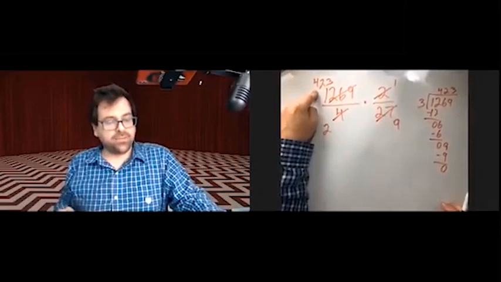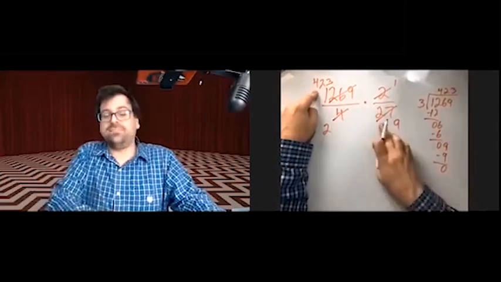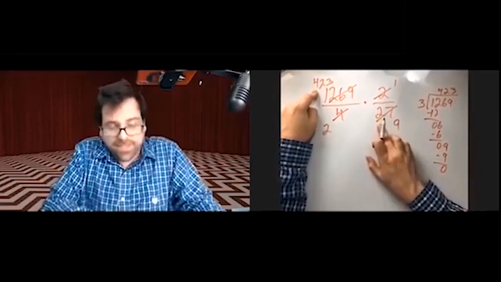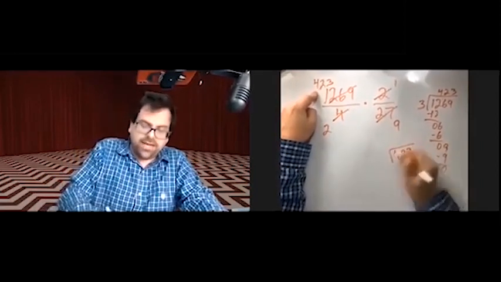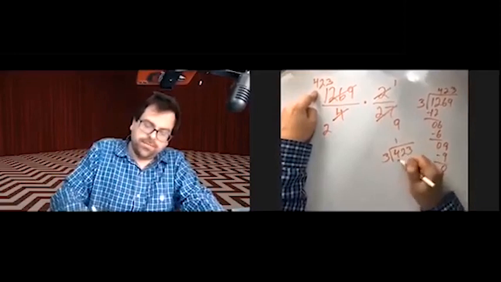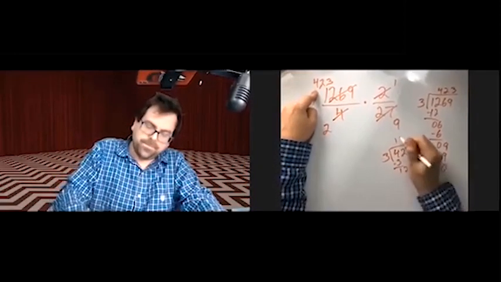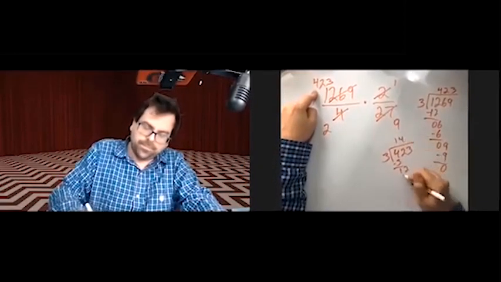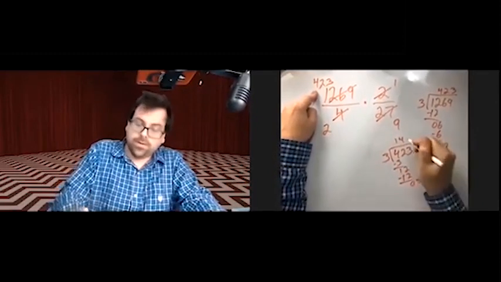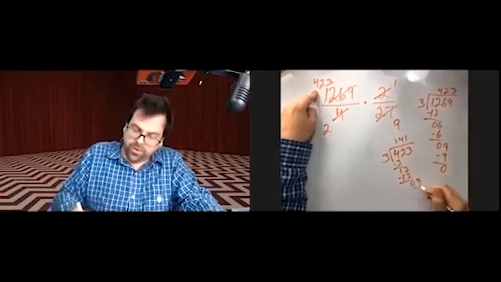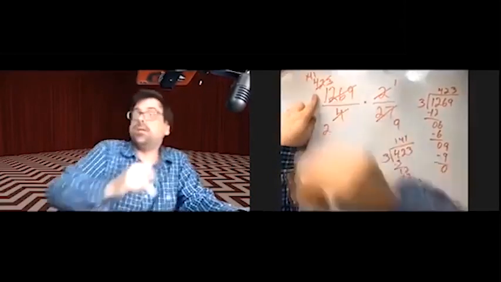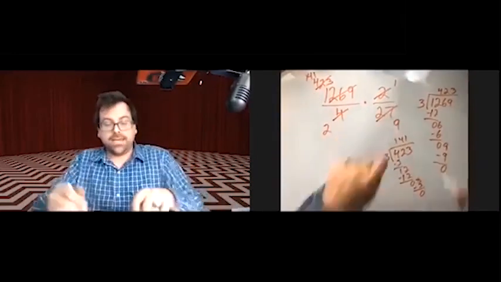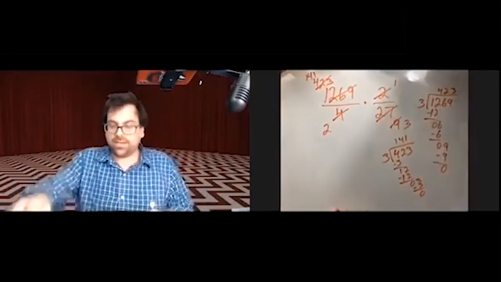This can be divided by 3 again. That means we could have divided these both by 9 and saved a step, but that's okay. 423 divided by 3 is 141. And 9 divided by 3 is 3.